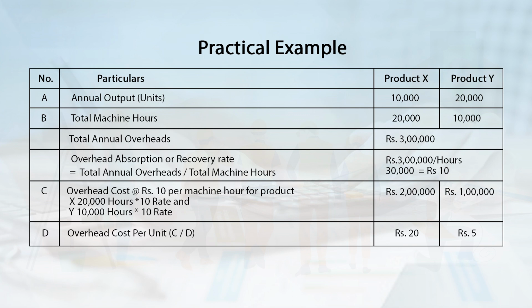Therefore, overhead cost per unit is division of C divided by D, which is equal to 2 lakhs divided by 10,000, which will give us rupees 20 per unit for product X, and 1 lakh divided by 20,000, which will give us rupees 5 for product Y.